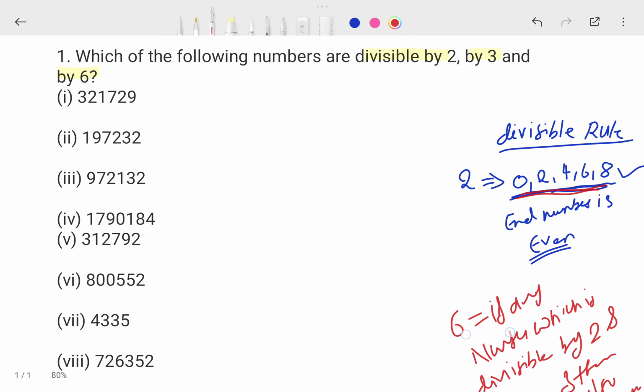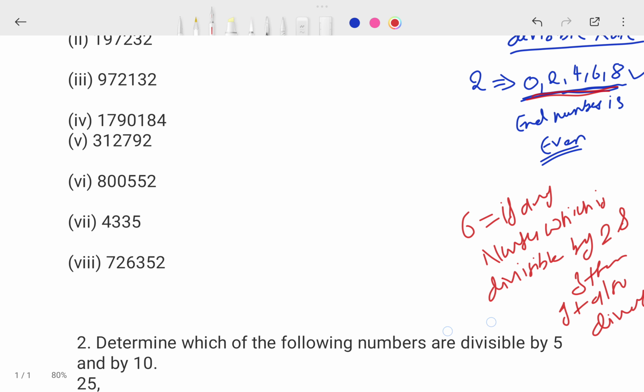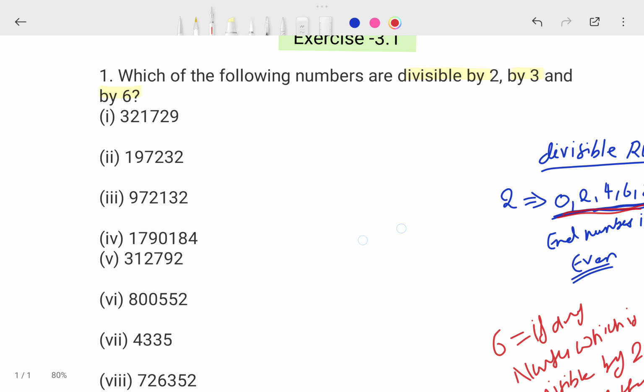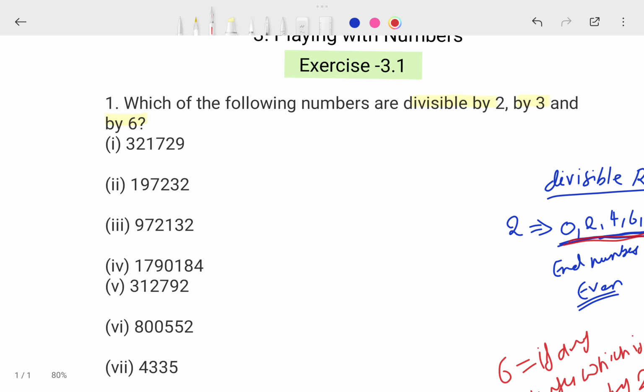Right, so let's come to this one, and check whether it is divisible by 2 or not. What is the divisibility rule of 2? We know that if the last digit is 0, 2, 4, 6 or 8, then it is divisible.